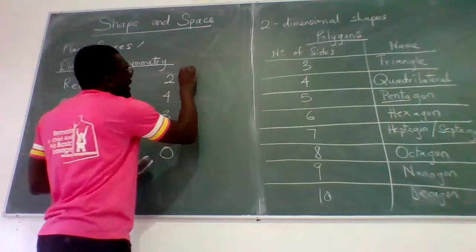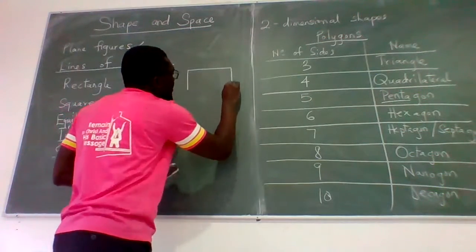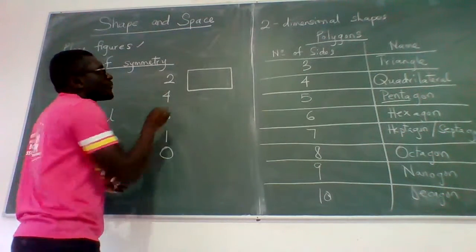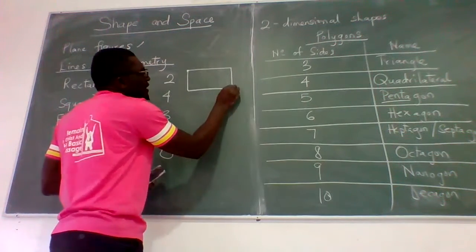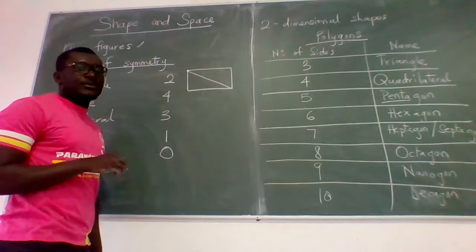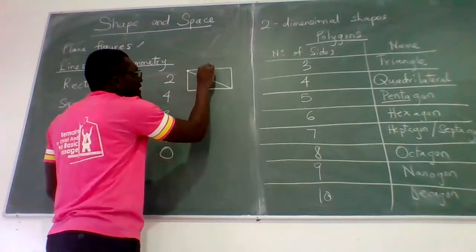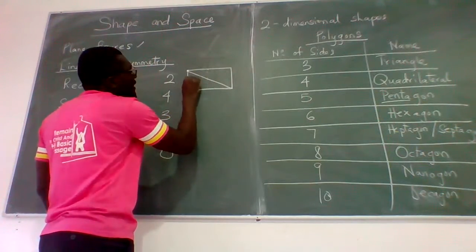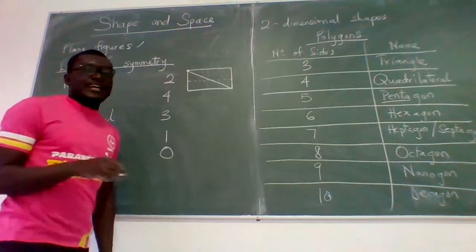So let's say I have a rectangle this way. So I am moving from here to here. So this line here is what I call the diagonal. But this line and these other lines are lines of symmetry.